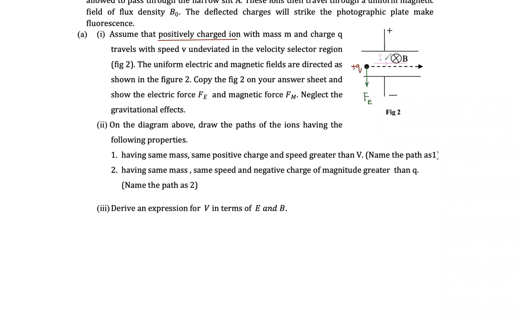And the direction of motion of a positive charge is the same. So now you use the left hand rule. This is the direction of current, so this will be the middle finger. The left hand middle finger will be in this direction.